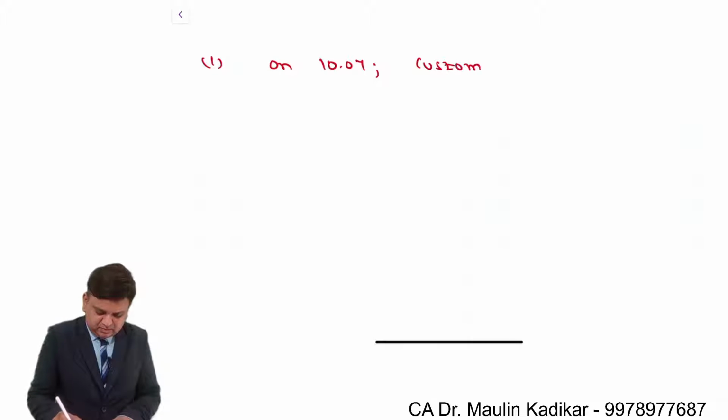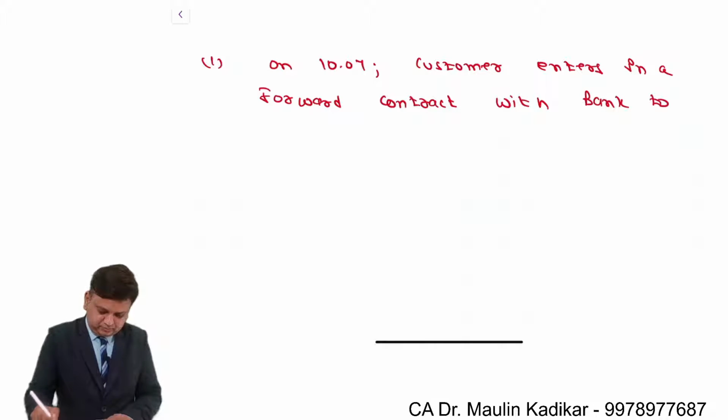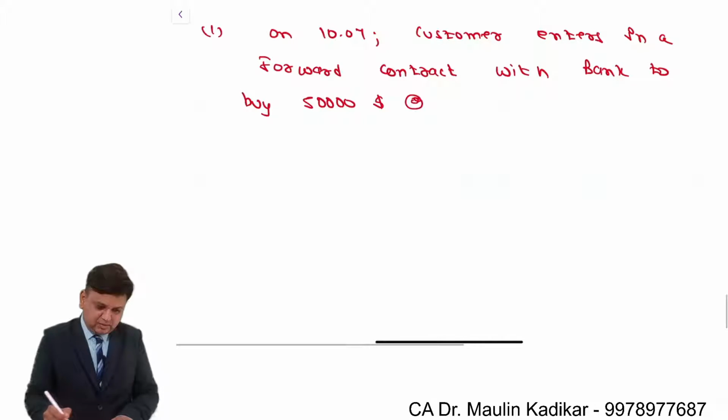The customer enters into a forward contract with the bank to buy $50,000 at the rate of 66.84 rupees per dollar.